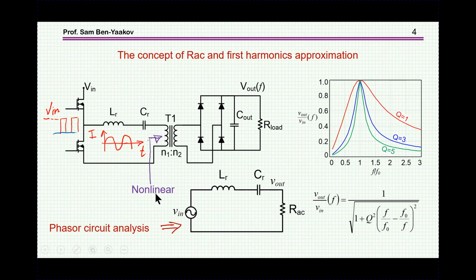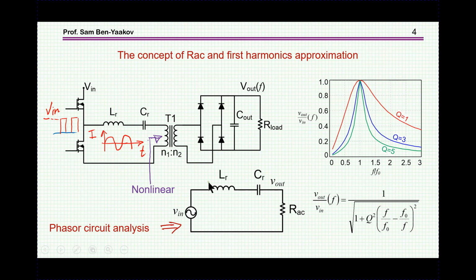Number one is the so-called RAC equivalent. Here I'm showing again a series resonant converter. These are the resonant elements. This is the transformer, which is actually bringing in the load into series with the resonant. Now, this is the response, of course, and this is the Q, which is related to the load.